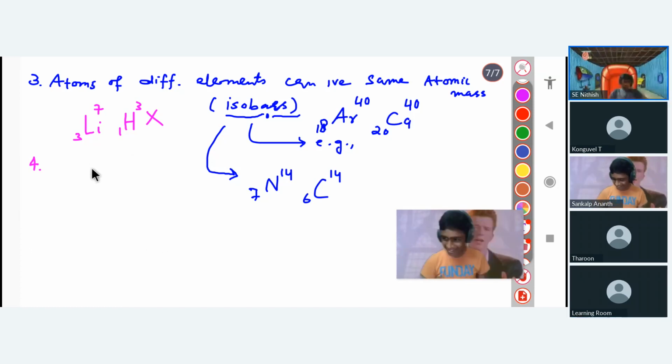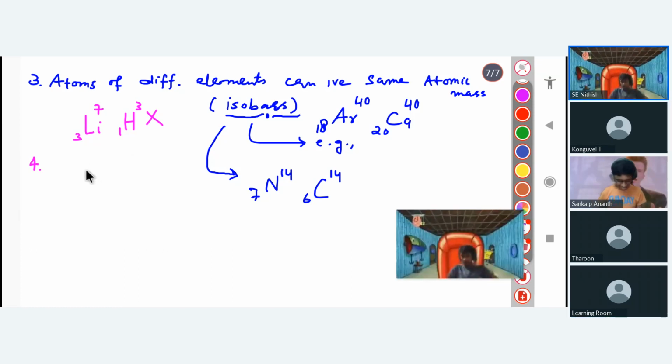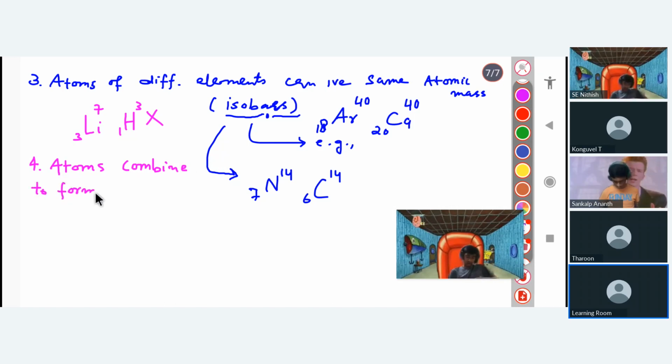I thought atoms combine in a simple whole number ratio. So what Dalton told is that whenever atoms combine, they always combine in a simple whole number ratio. But according to the modern atomic theory, it is not always a whole number ratio. So you will just write like this, that atoms combine to form molecules.